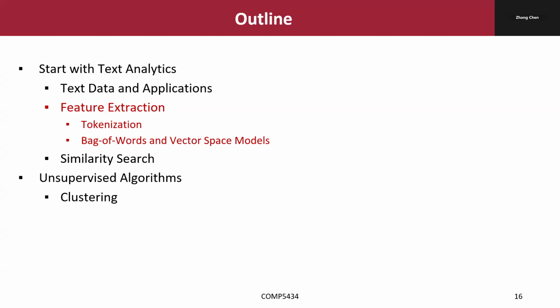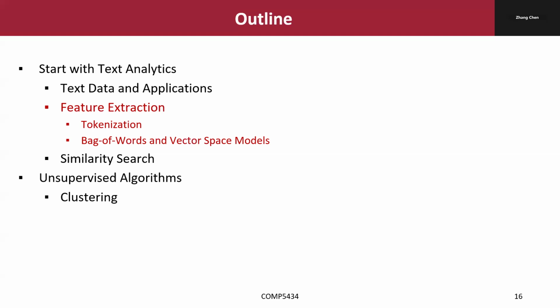And the second step is the bag of words and the vector space model. Those are very widely used models and techniques we're going to discuss later, which represent each document as a numerical vector.